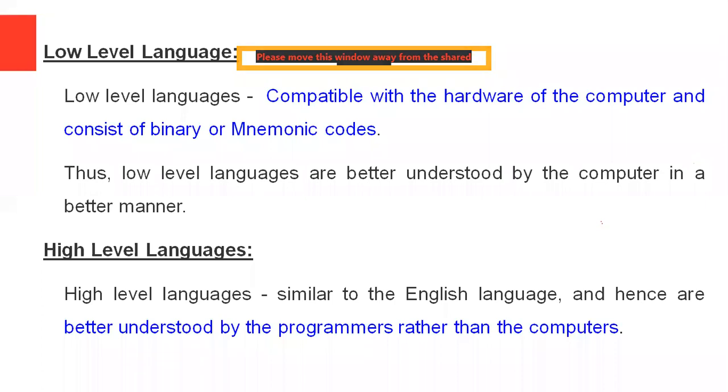Okay, so here low level languages are compatible with the hardware of a computer. So this is compatible to the hardware of the computer and consists of binary codes in terms of zeros and ones, or mnemonic codes, meaning English words, like for addition we use ADD, for subtraction we use SUB.